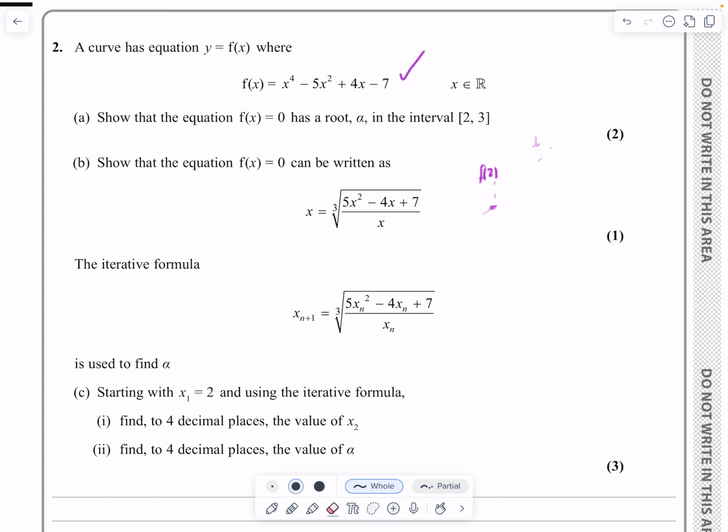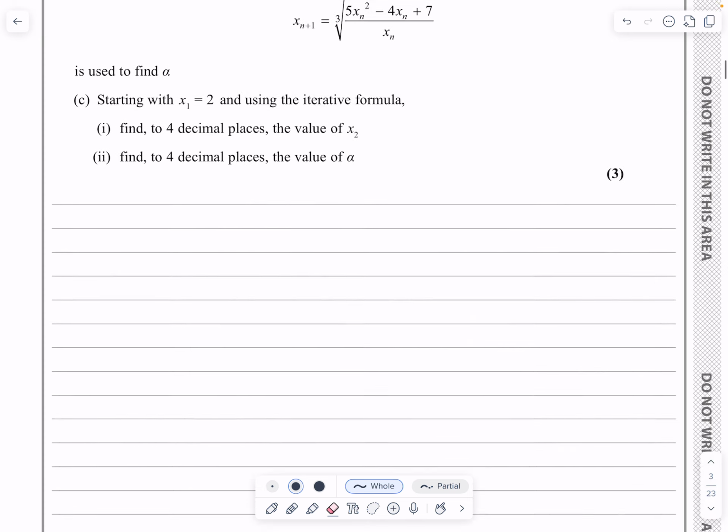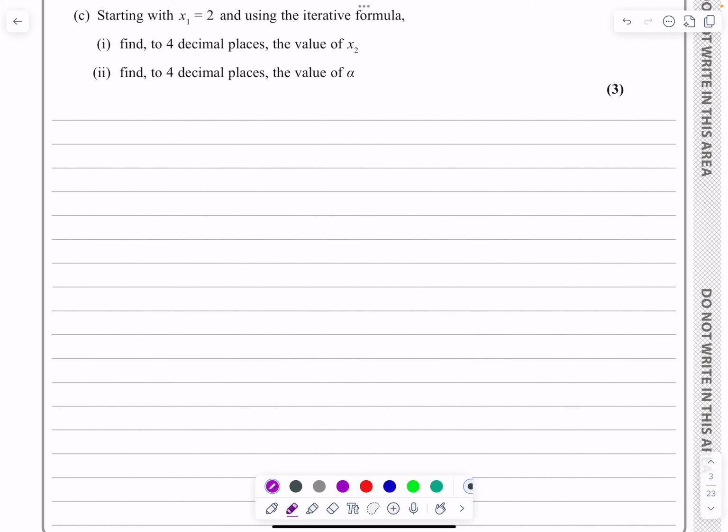But when we get to the final answer, it's really important that you use the correct language, and I'll talk about it when we get there, but let's at least get started. So our function was given by f(x) equals x^4 minus 5x^2 plus 4x minus 7, and I'm going to find f(2) and f(3) and hope that there's a sign change.